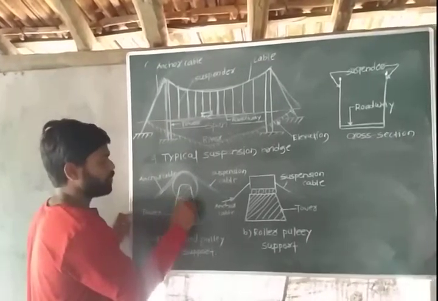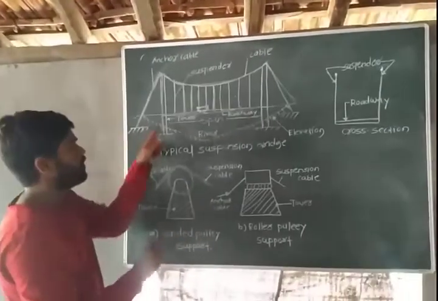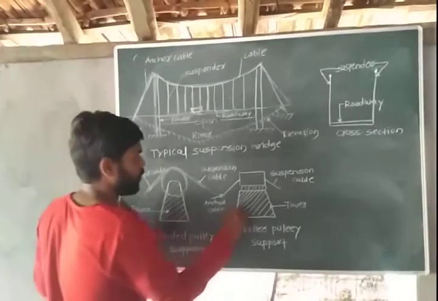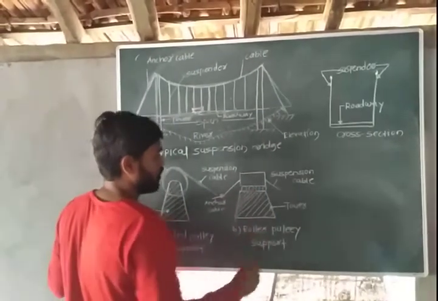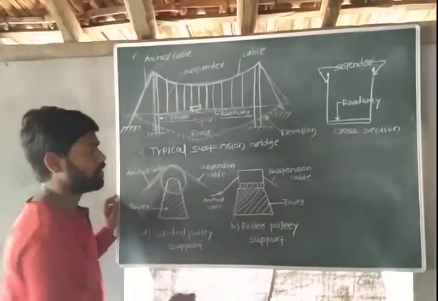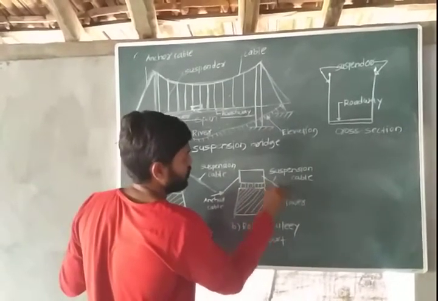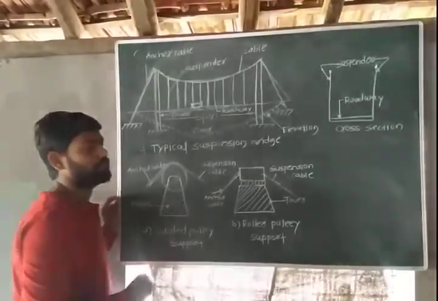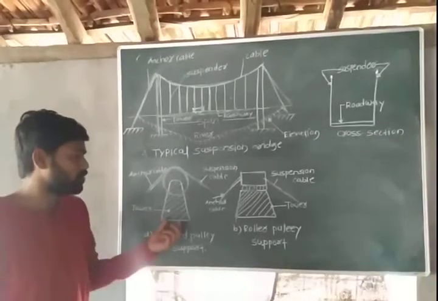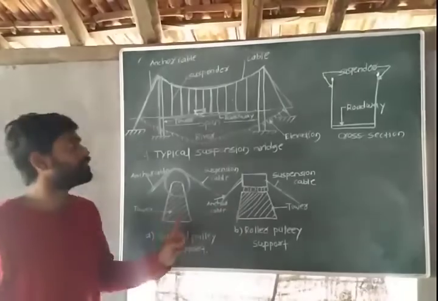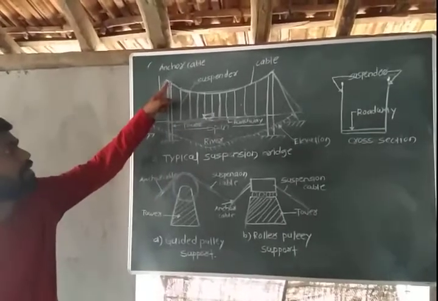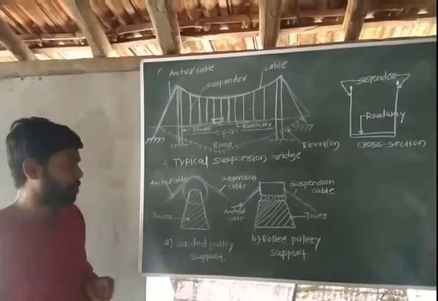This is one type of support at the tower, and this is the second type of support, which is called roller pulley support. Here a roller is provided, and this is your suspension cable and this is your anchor cable. So these are the two different types of supports provided at the top of the tower.